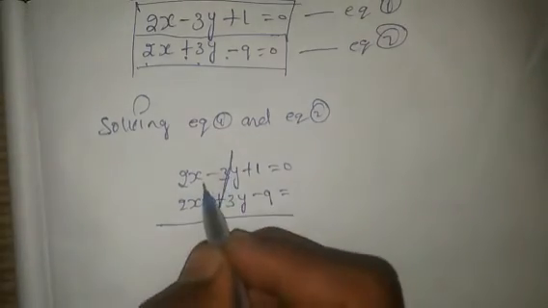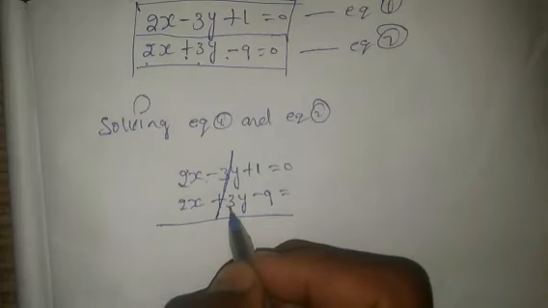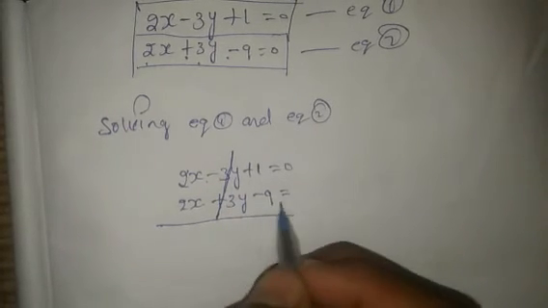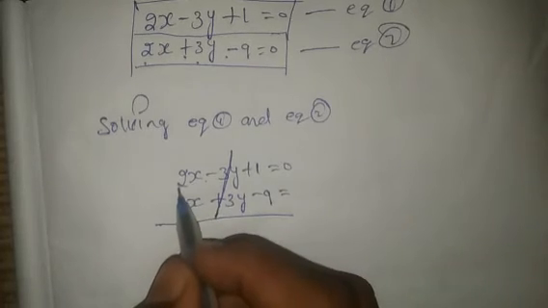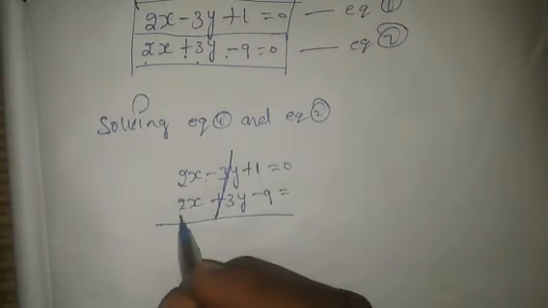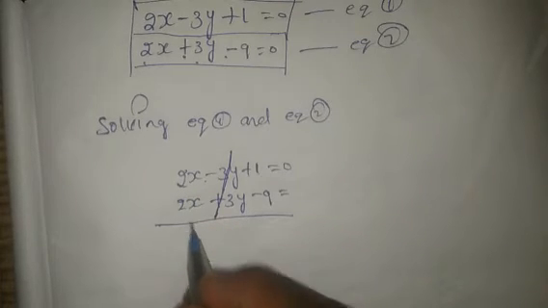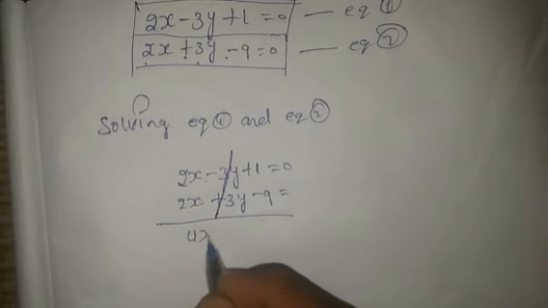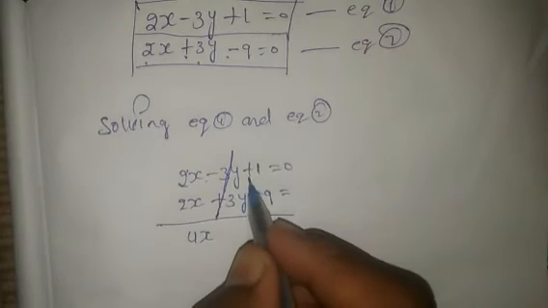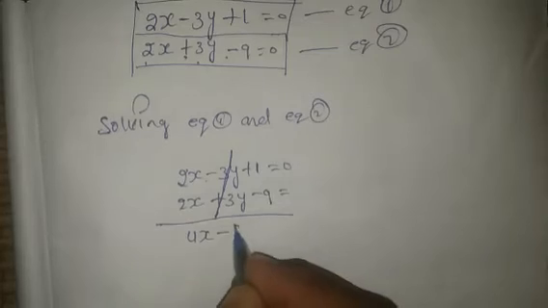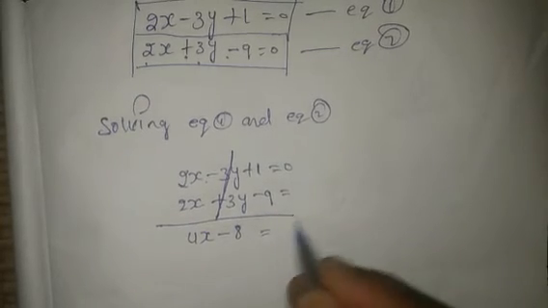Remember that minus 3y plus 3y is 0. So remaining 2x plus 1 and 2x minus 9. So plus 2x and plus 2x, that is 4x. So plus 1 and minus 9 is minus 8 equals 0.